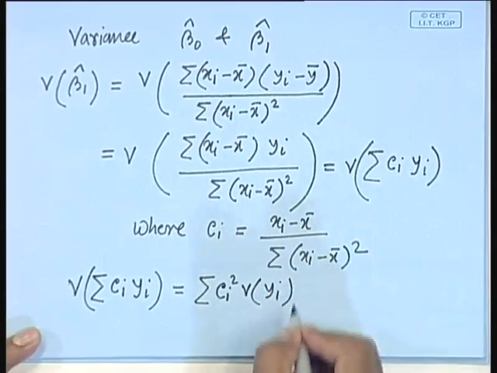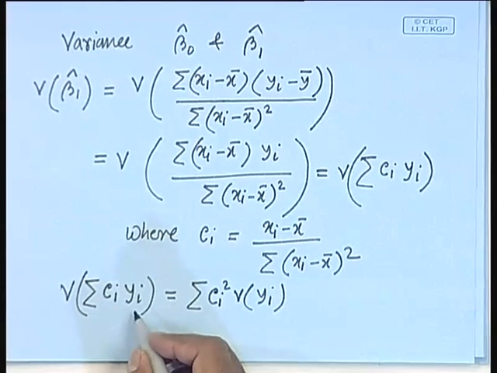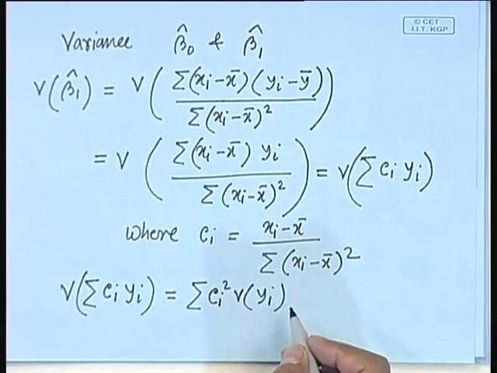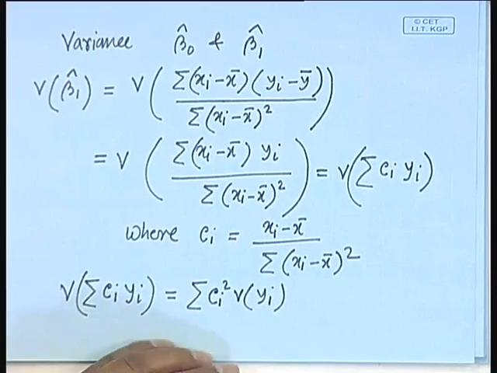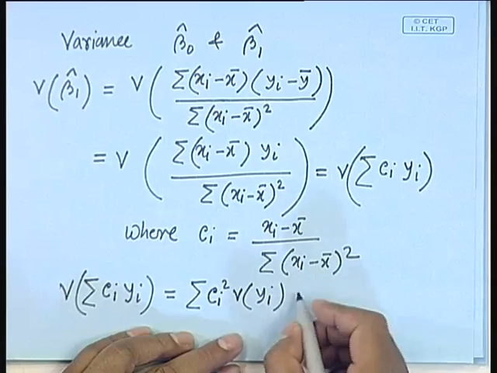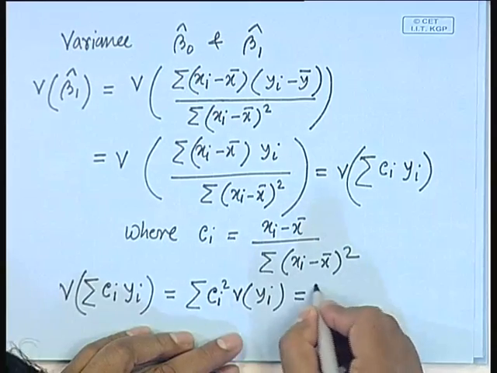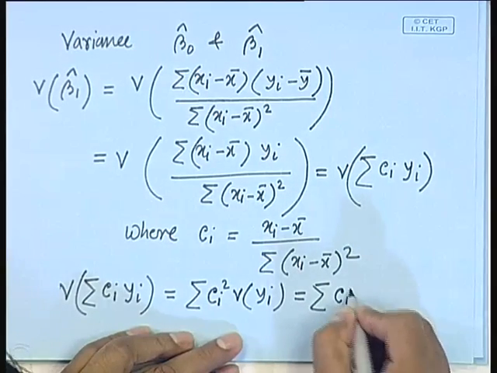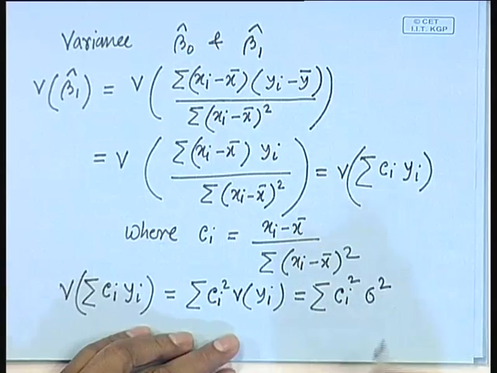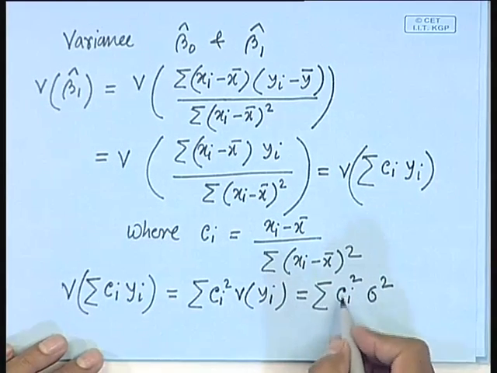This is true because yi's are independent, and we know that variance of yi is equal to sigma square. So this is equal to summation ci square sigma square.